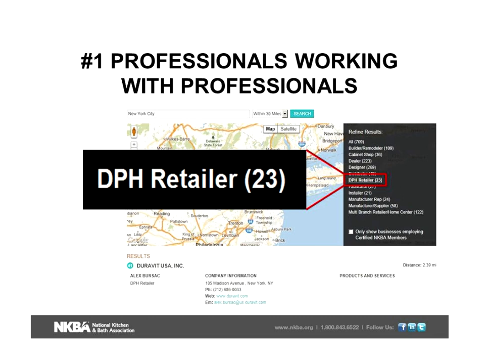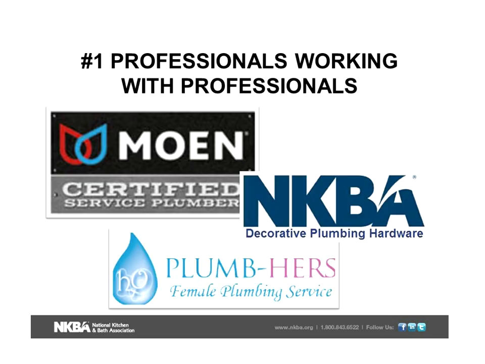So this is on the NKBA website. If you're not familiar with some of these in your area, just type in your zip code and the information will come up. In this particular case, it's showing specifically the category of decorative plumbing retailers, and the closest one there is right on Madison Avenue for just a search for New York City. So they're there, they're ready to help you.